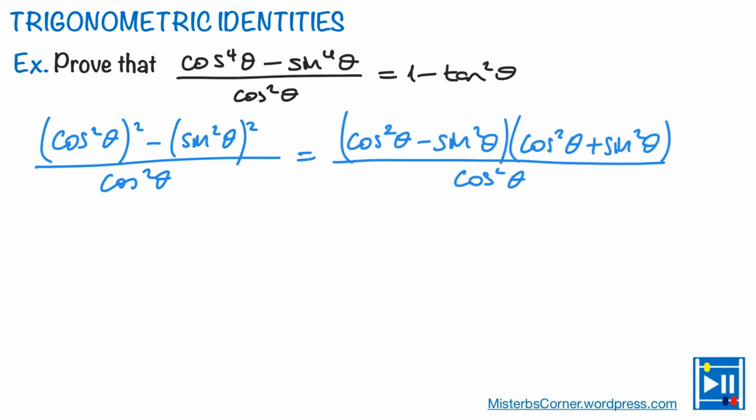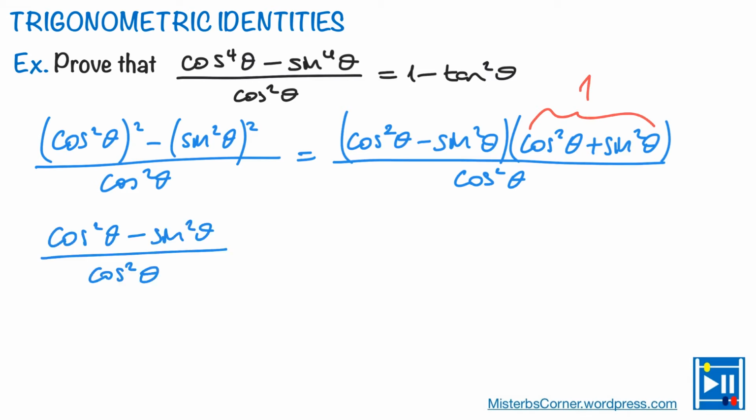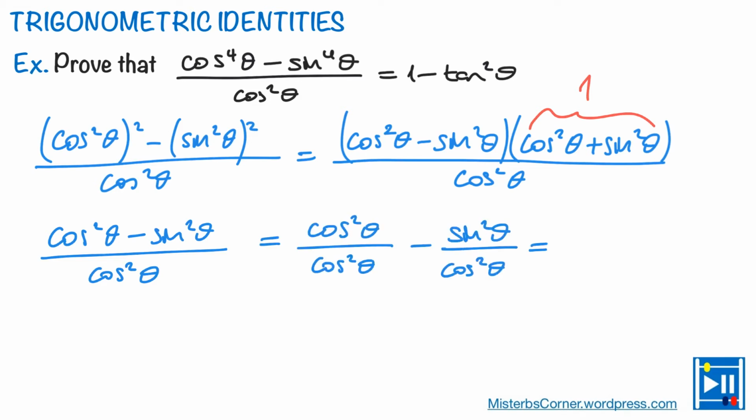When you factorize it, you'll see that this part is 1 because it's the identity. So you end up with cosine squared theta minus sine squared theta over cosine squared theta. You could write these as separate fractions and end up with 1 here and tangent squared theta here. So you show the result there.